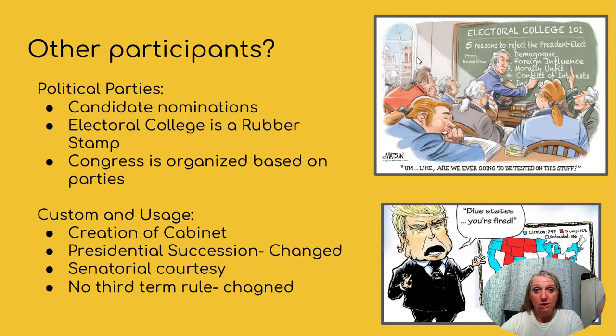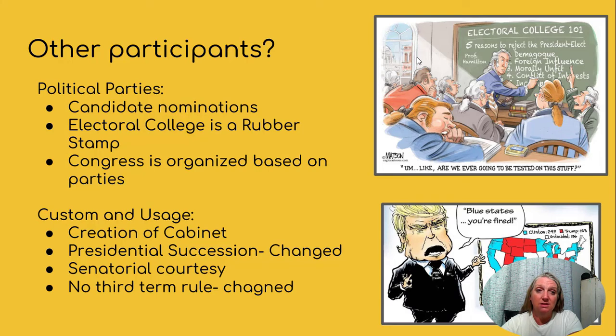Prior to 1900, the states could just pick how they voted. It didn't matter what the citizens said. The states, especially the state legislature, could pick which side was going to win for their state. And then Congress is organized based on parties. So we have a hierarchy. We have a majority party, a minority party, based on our political parties.